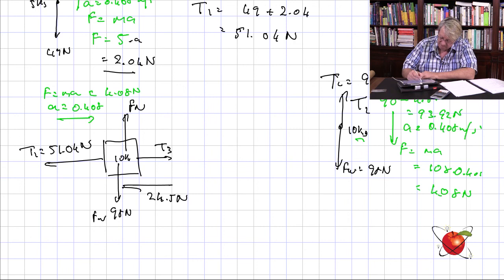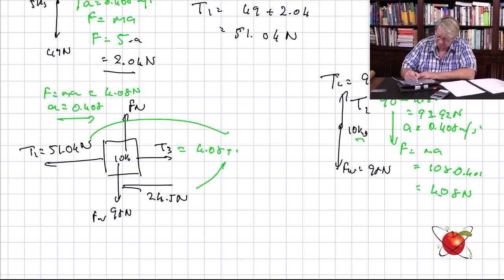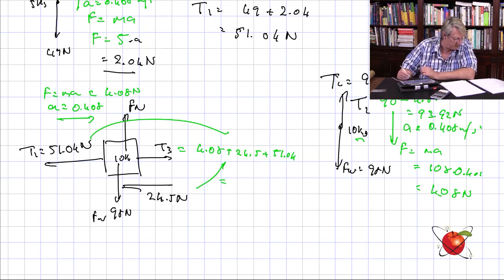So T3 must be equal to 4.08 plus that, so T3 is going to end up being 79.62 newtons. And if you do exactly the same now with the other block, block B, and work out what T3 is there, you'll find that it's exactly the same.